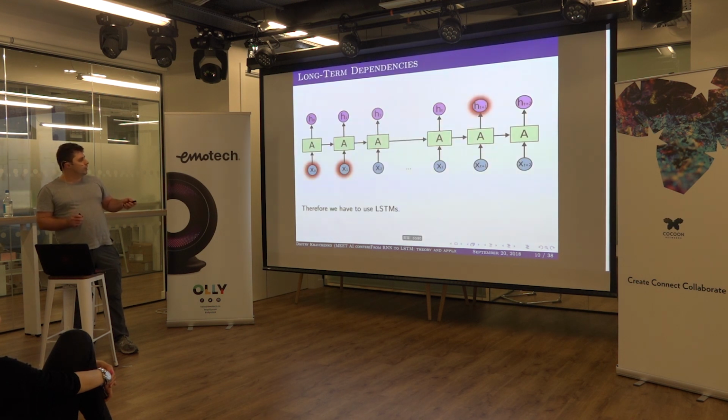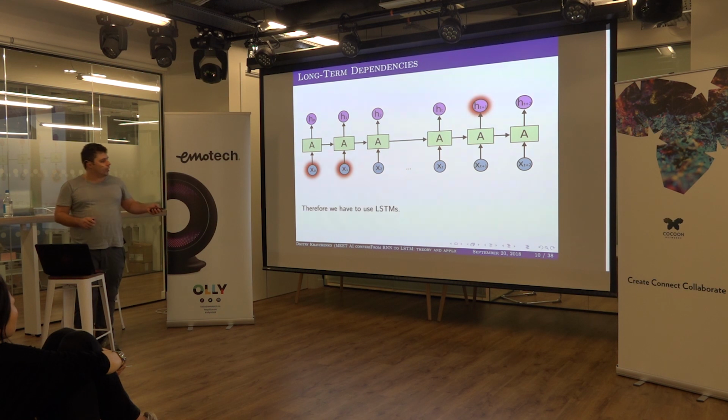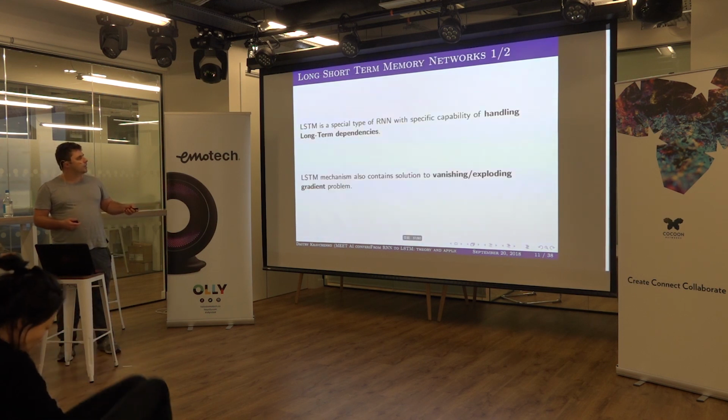So we need some other solution which solves this long-term dependencies, where the word we need to infer is separated far away from the input states, which can be in the beginning of the text, or separated by hundreds or several hundreds of steps. And therefore we need some improvement, which is LSTM.